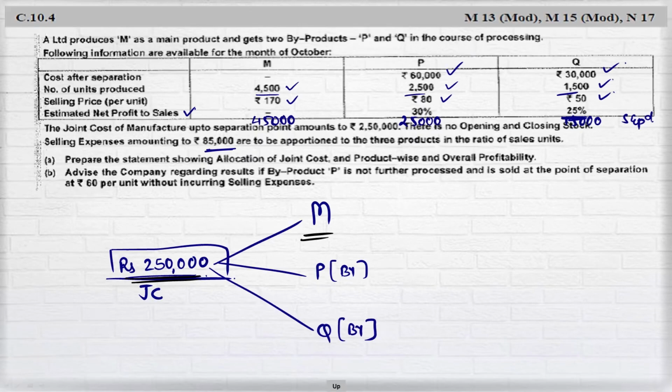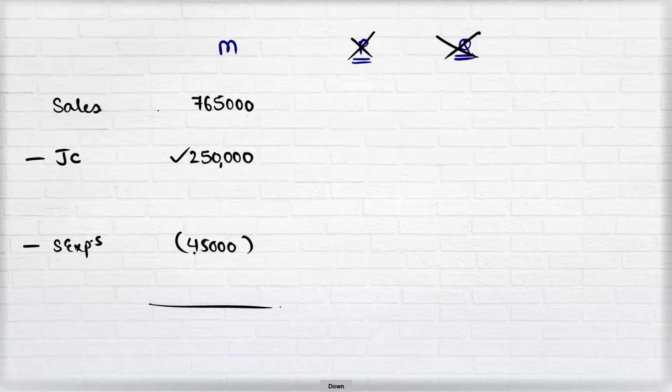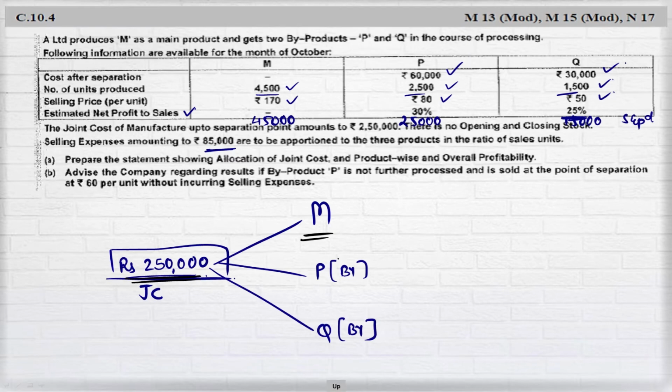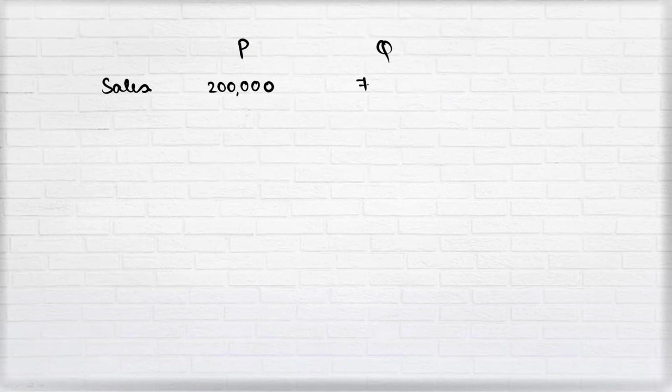Let me draw it on another page. P and Q, what is sales? P is 2,500 into 80, which is 2 lakhs. And Q is 1,500 into 50, 75,000.